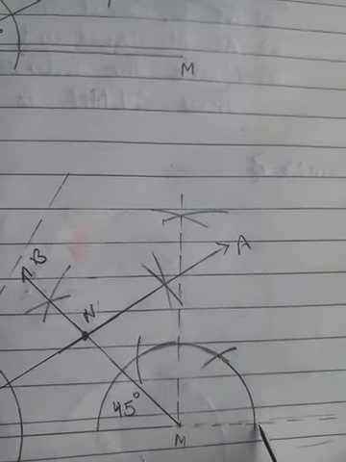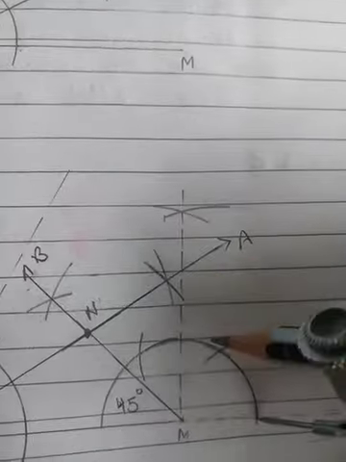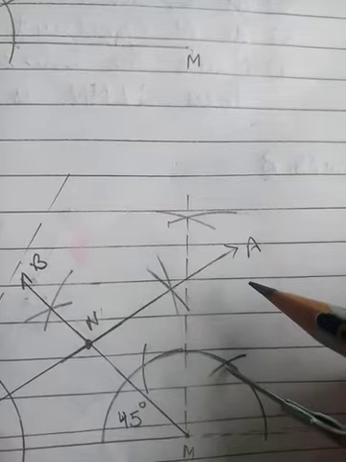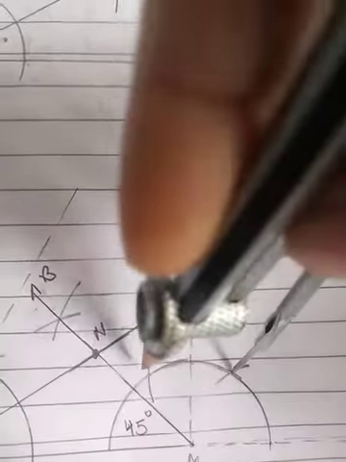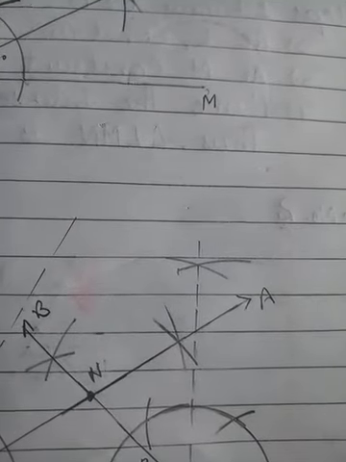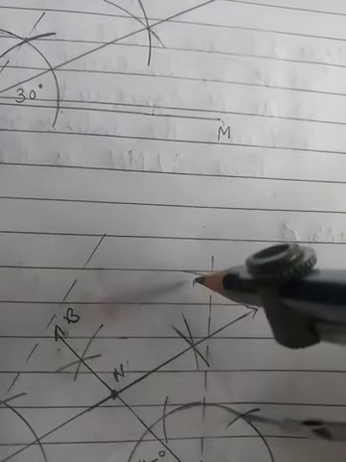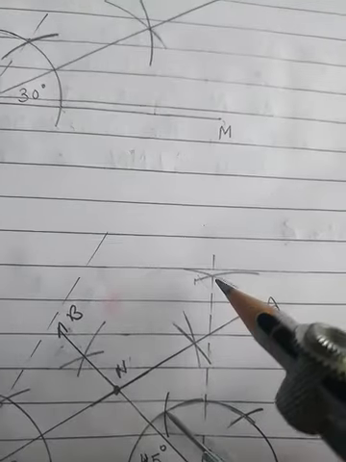Now from the point where it intersects, I will mark the angle of 60 degree, and from this point I will mark one more angle of 60 degree, means 120 degree. So this is the construction of a 120 degree angle. Then by taking this point as a center, we draw an arc above it with any radius. From this point again with any radius we intersect this arc.